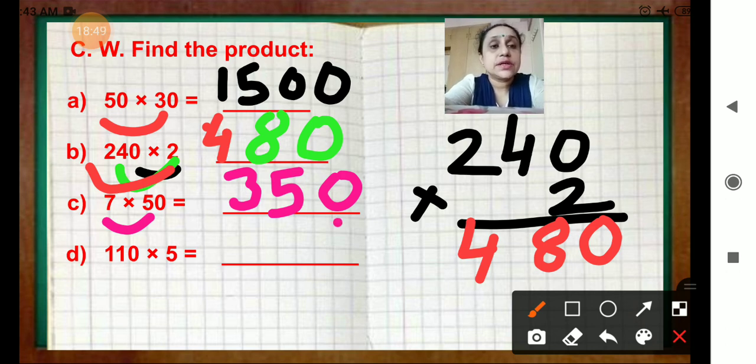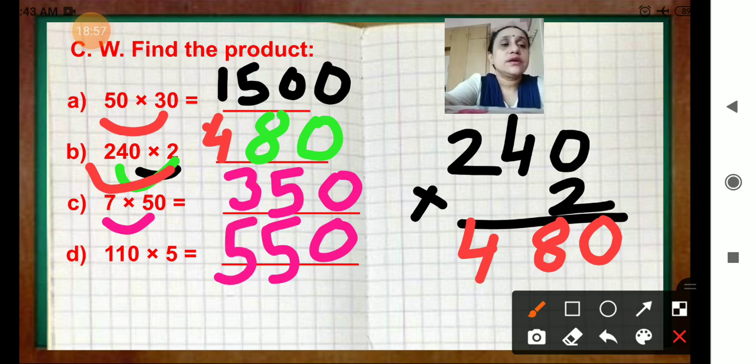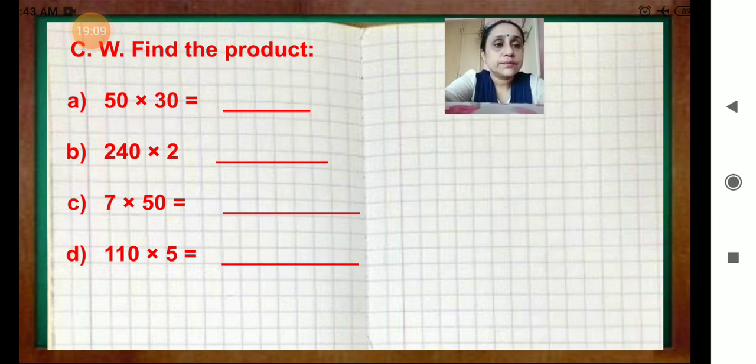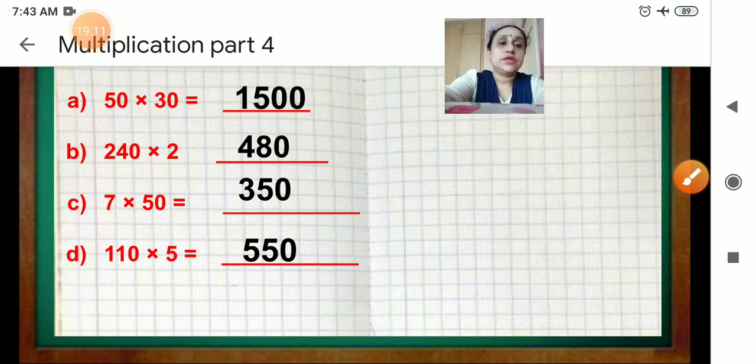Now 5 zeros are 0. 5 ones are 5. Again 5 ones are 5. Okay. Have you understood? Now wait, I will show you. Then properly you do it. The classwork. Okay. Now see.